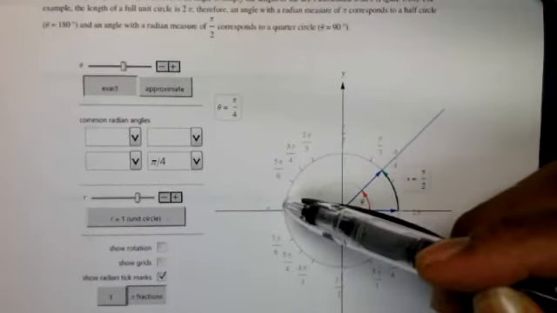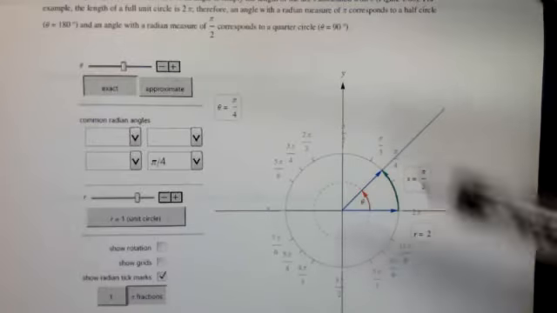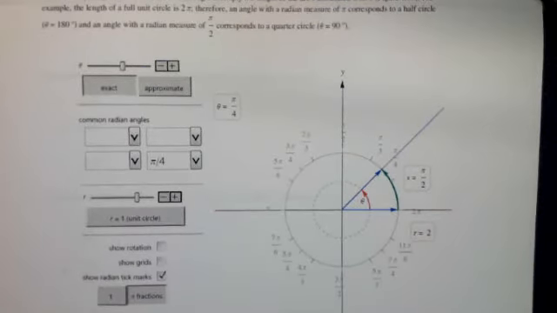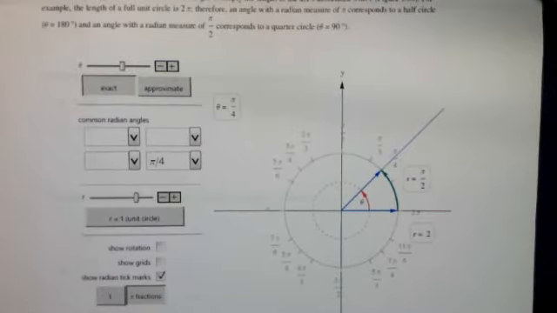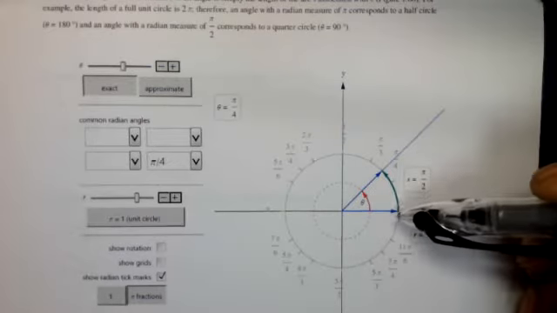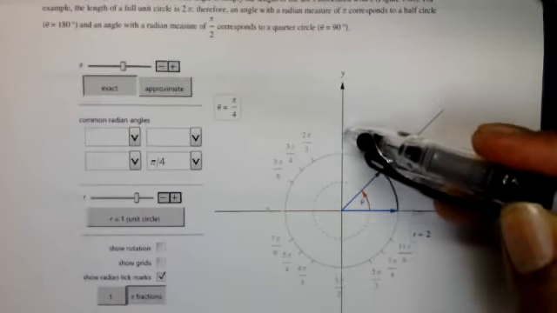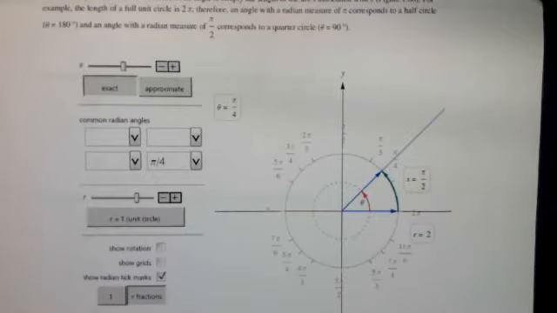From here to here, that's half a circle. That's pi, and in this case, pi would be 180. So if we have an angle with the radian measure of pi over 2, then that's going to correspond to the quarter circle, which is from here to here. That would be a measure of 90 degrees.